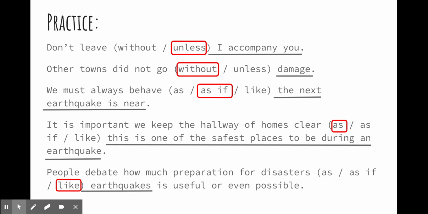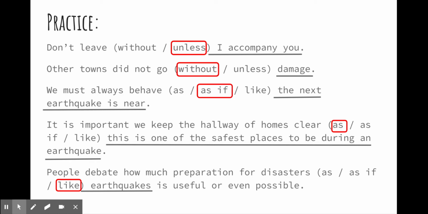So it seems like it might be a part of a clause, and it's actually a prepositional phrase in the middle of a clause. You've got a clause, and you've got like earthquakes smack in the middle of that clause. So that can be a little bit confusing there.